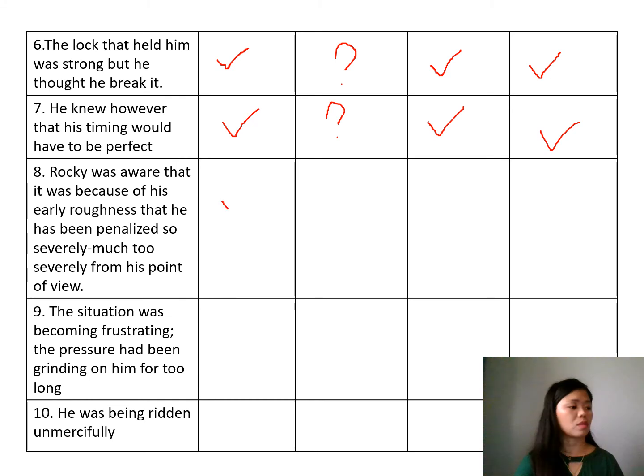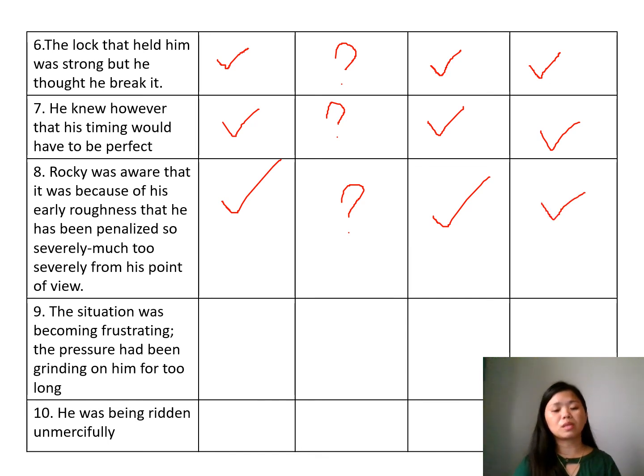So check. Under horse schema, question mark. Maybe he is kind of wild. Maybe he hurt somebody. Could that horse do that? Okay. Boxing schema. Early roughness refers to foul moves resulting in demerits. Okay, check. The wrestling schema, check.